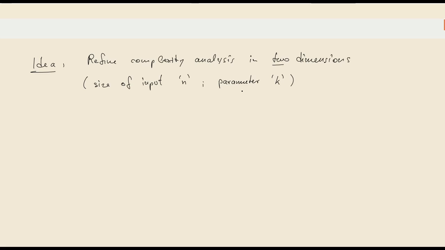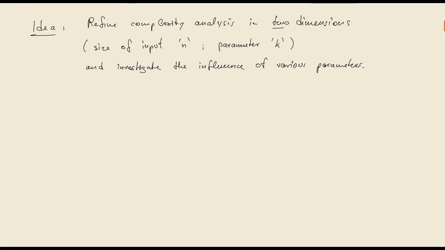So we refine complexity analysis in 2 dimensions and investigate what is the influence of various parameters. The idea is that we will try to make this flexible so that we can choose different parameters. Depending on the problem, one might work out, others might not.